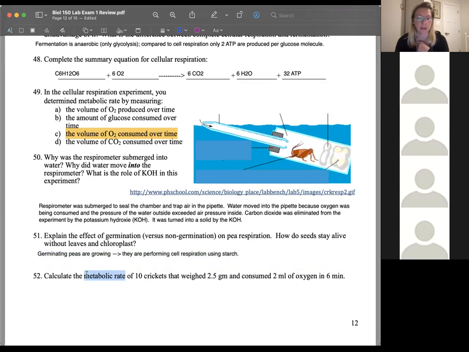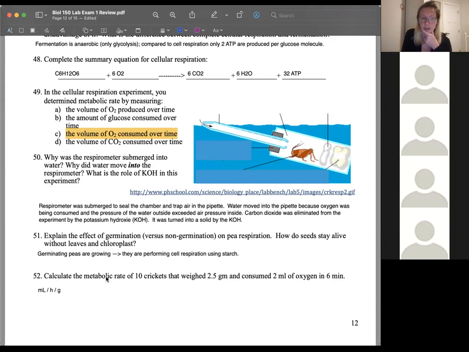And I think it's easiest to, before you think of the formula, just think of the units. What are the units for metabolic rate? Hour per gram. Yes, the first part cut out, but I think I heard you say mils per hour per gram.